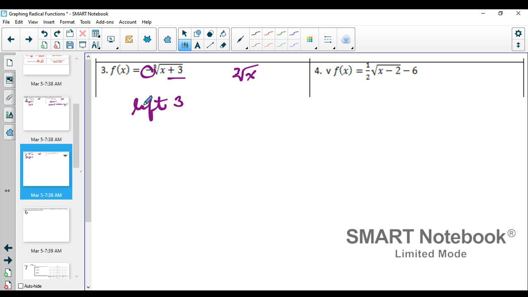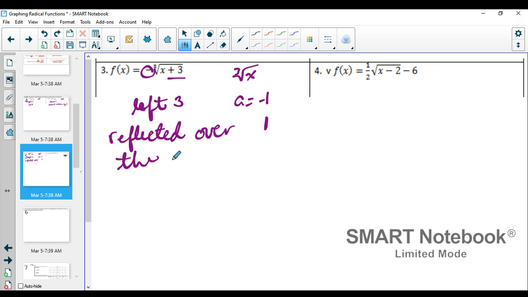And then the negative is actually a negative 1, so a equals negative 1, and the absolute value of that is 1. So it's not going to have a vertical stretch or shrink. We're more focused on the negative. If a is negative, that means it's reflected over the x-axis. So this is reflected over the x-axis.